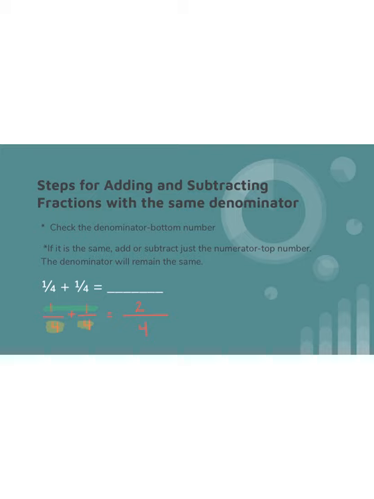So I'm going to divide this top number by 2, and I'm also going to divide this bottom number by 2. 2 divided by 2 is 1, and 4 divided by 2 is 2. So my final answer should be the reduced 1/2. But really, 2/4 is the exact same thing as 1/2. Okay, we just reduced it.